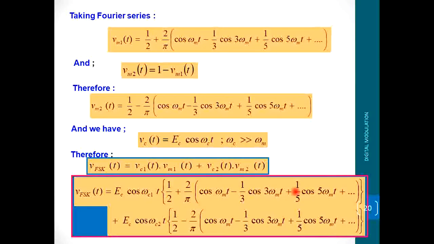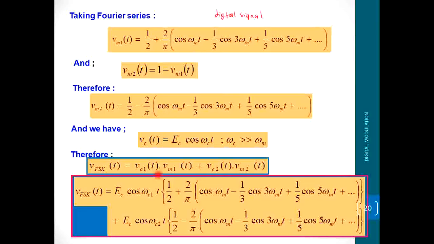So after that, for the digital signal, the equation is 1 over 2 plus 2 pi multiplied by cos omega mt minus 1 over 3 cos 3 omega mt plus 1 over 5 cos 5 omega mt. So this is the equation for the digital signal. And then this is after inverted.